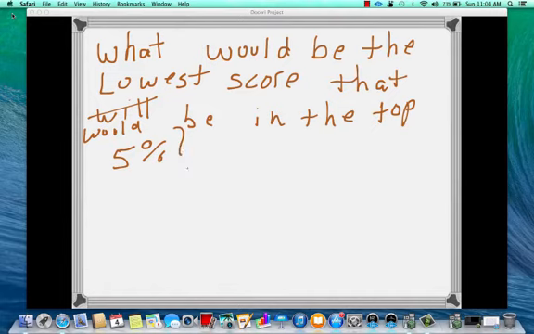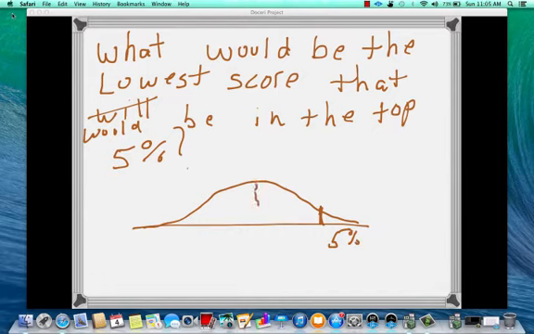You've got to think backwards. Oh, that was really crappy. There we go. So if we're looking for the top 5%, we're looking to the right. Again, here's our mean, which is 100. So this one you've got to think backwards with. If we're looking for the top 5, here's the top 5 from here over.